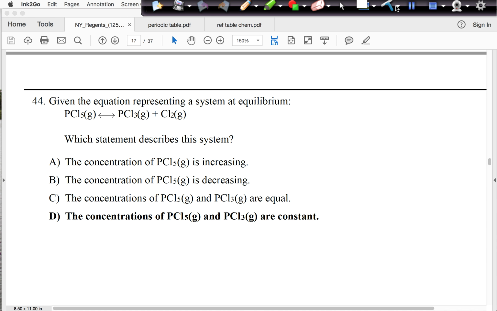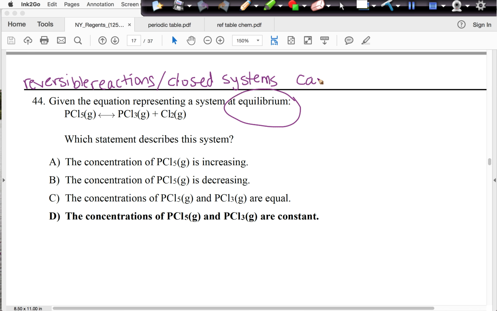For number 44, it says that the system is at equilibrium, and we said that reversible reactions in closed systems can reach equilibrium.